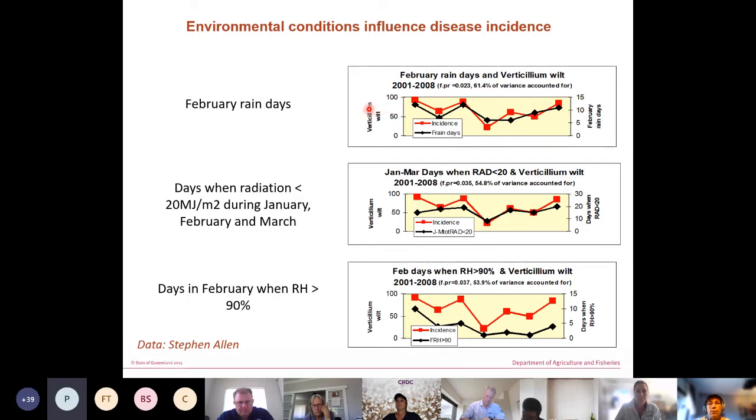What I basically wanted to show from this data is that the incidence is in red and the other term is in black, and that the incidence of the pathogen seen in the field follows the number of rainy days or the radiation less than 20 and the relative humidity. It just shows you what an impact the environment has on the development of disease.